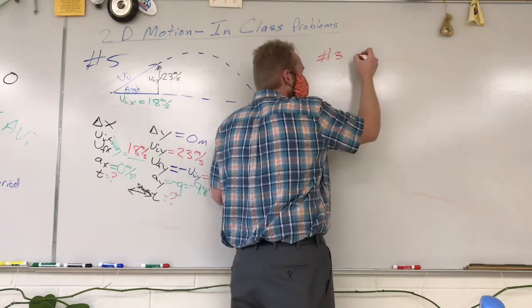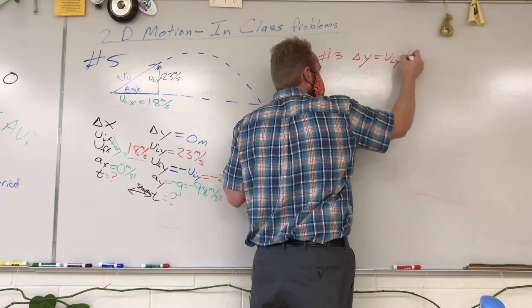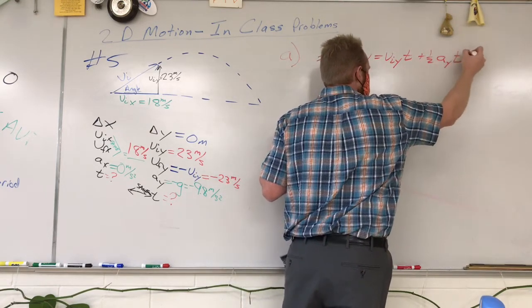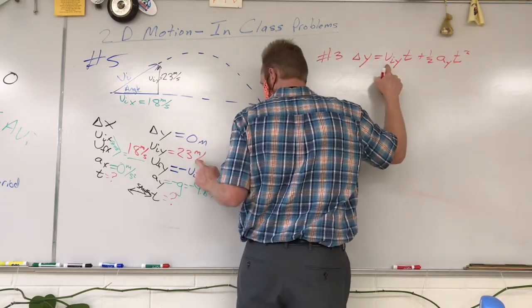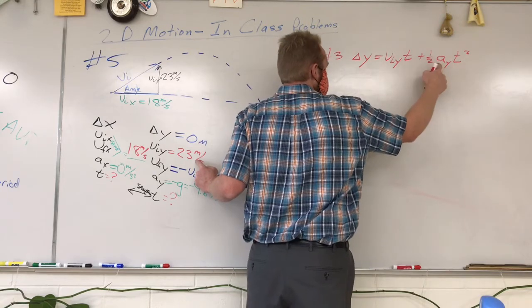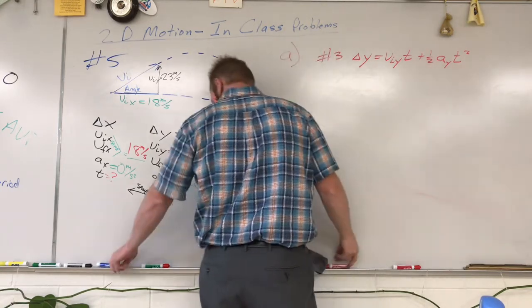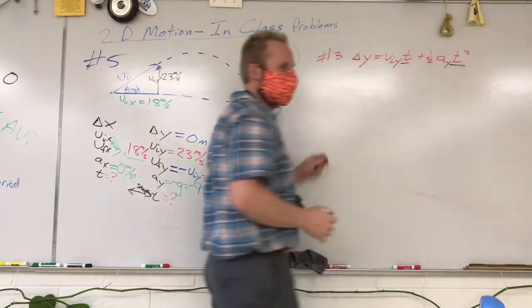We could do equation number 3. In the y direction, we do know delta y equals VIY t plus 1/2 AY t squared. You know delta y, it's 0. You know VIY, it's 23. You know acceleration in the y direction is negative 9.8. So you could use equation number 3, and you could solve for time.